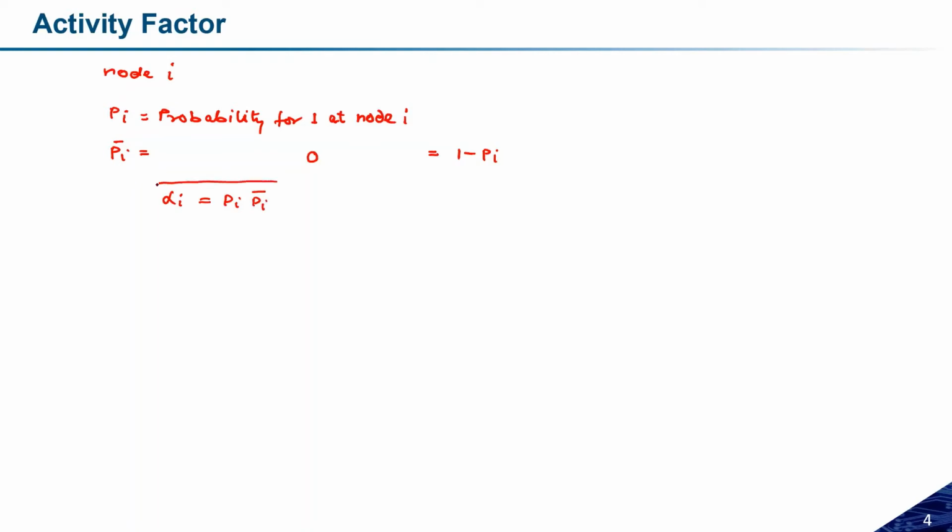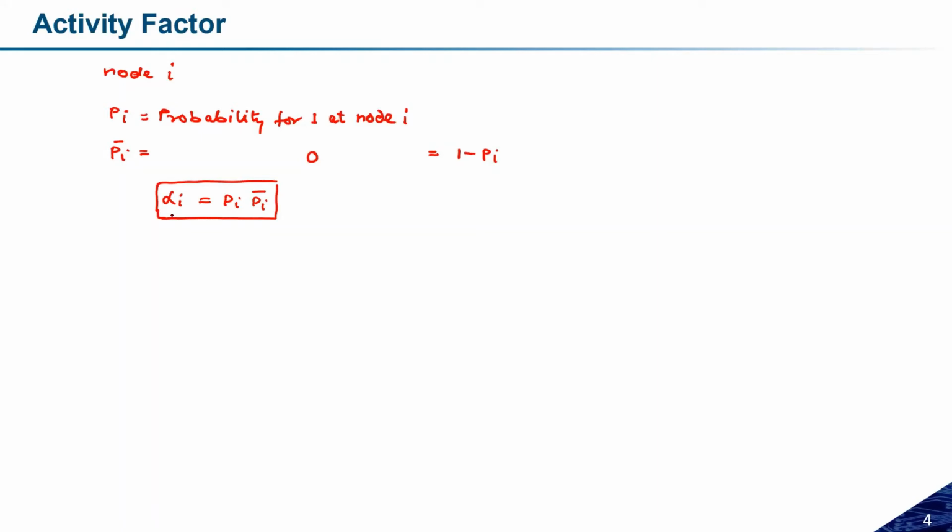This is really very important to understand. For an inverter, the activity factor will come out as 0.25 if the inputs are changing equally, and then alpha I becomes 0.25, and accordingly we can calculate the dynamic power dissipation.